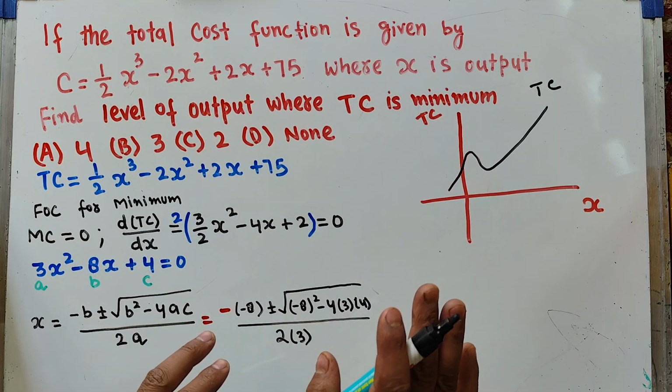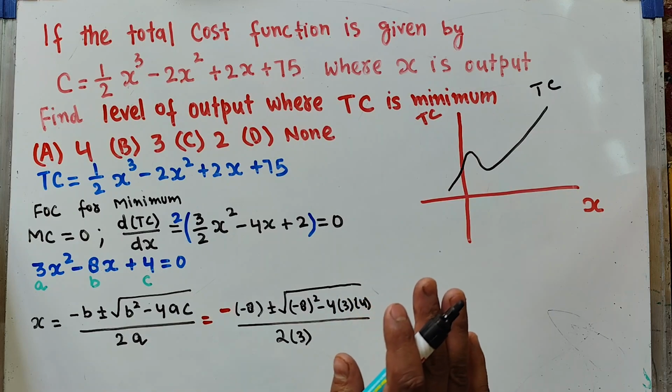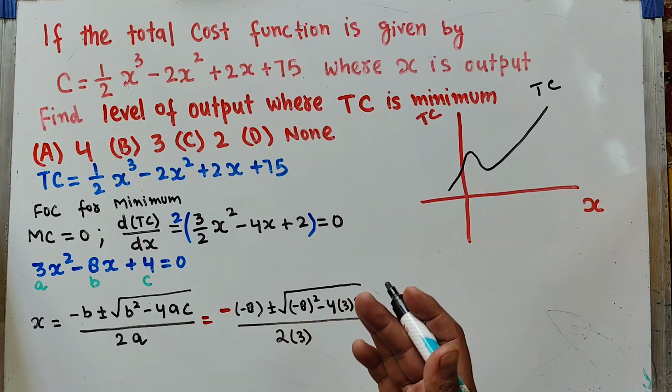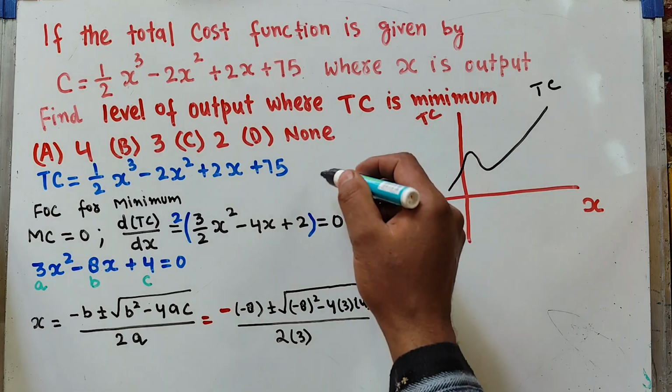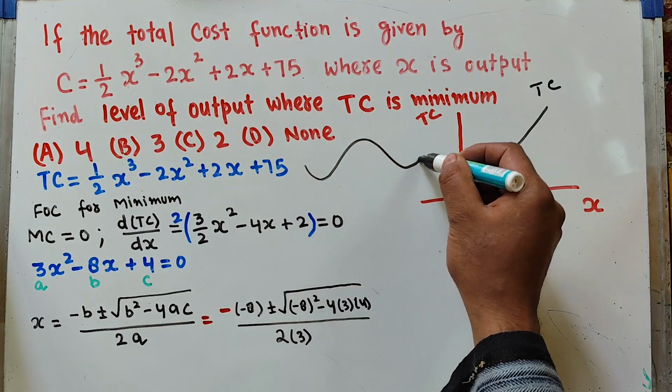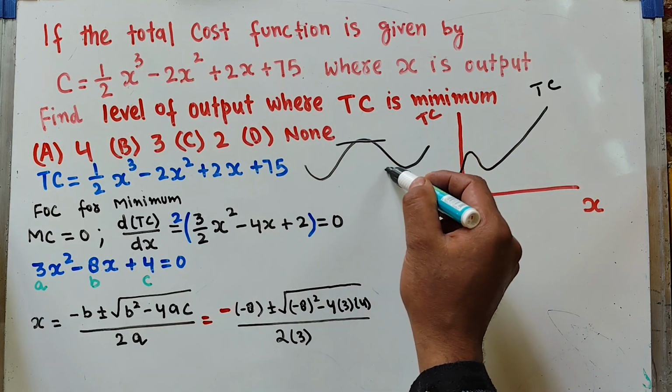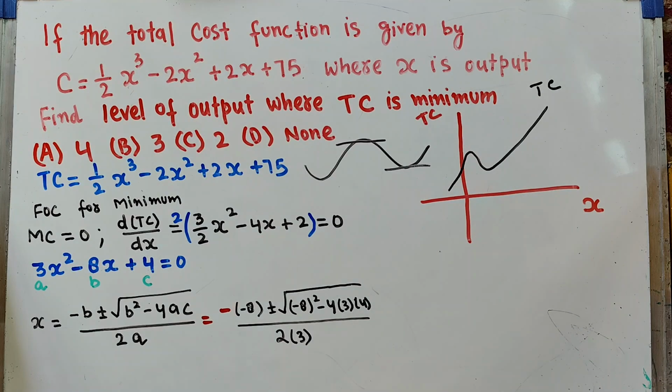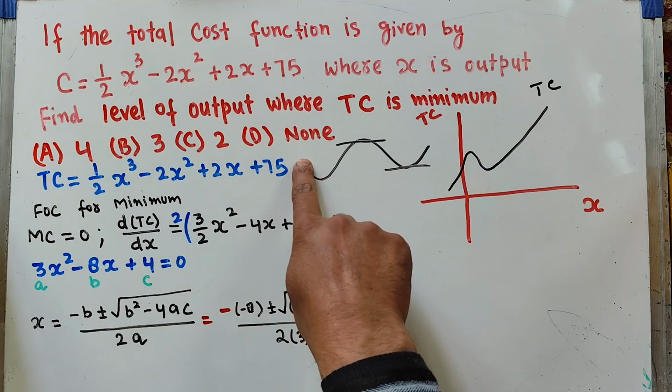Let me repeat it again here. The first order condition simply tells us the slope should be equal to 0. The slope can be equal to 0 at 2 points, at a maximum or a minimum. Then we need to apply the second order condition to make sure whether we are at the minimum point or the maximum point.